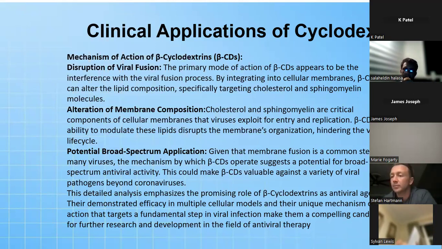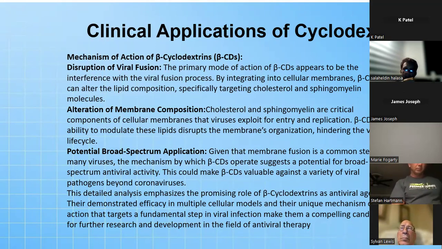Cholesterol and sphingomyelin are critical components of the cellular membrane that viruses exploit for entry and replication. Beta-cyclodextrin's ability to modulate these lipids disrupts the membrane organization, hindering the virus life cycle. So it prevents the fusion and endocytosis and the virus from getting inside the host cells. That's what cyclodextrin does, so in general, it works for any virus.